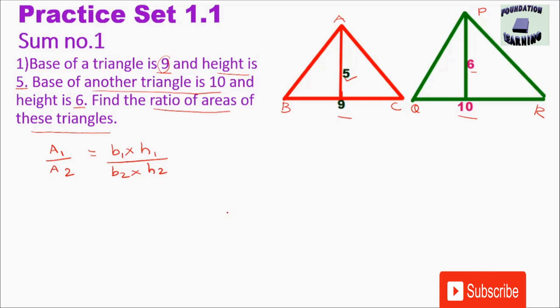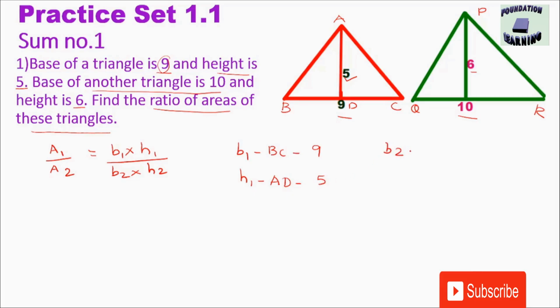Now what is B1 here? B1 of ABC is BC, and B1 is 9. H1 is, suppose we write here D, H1 is AD, and height is 5.